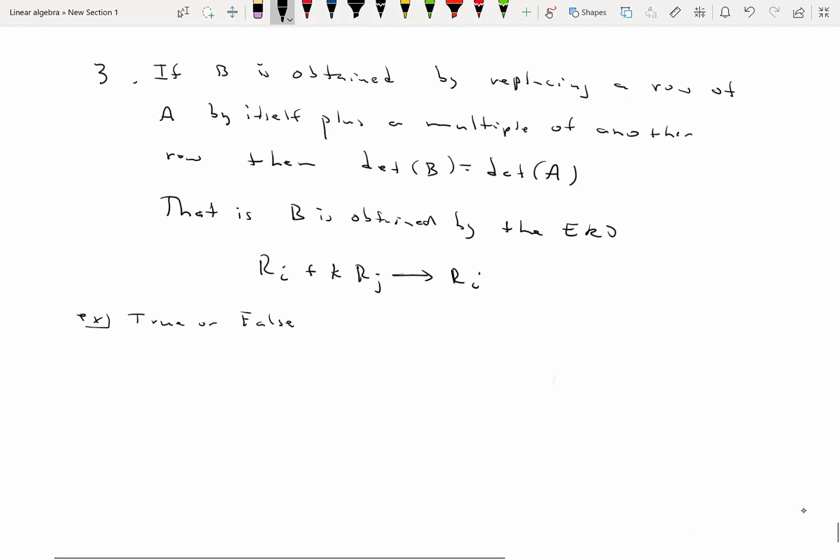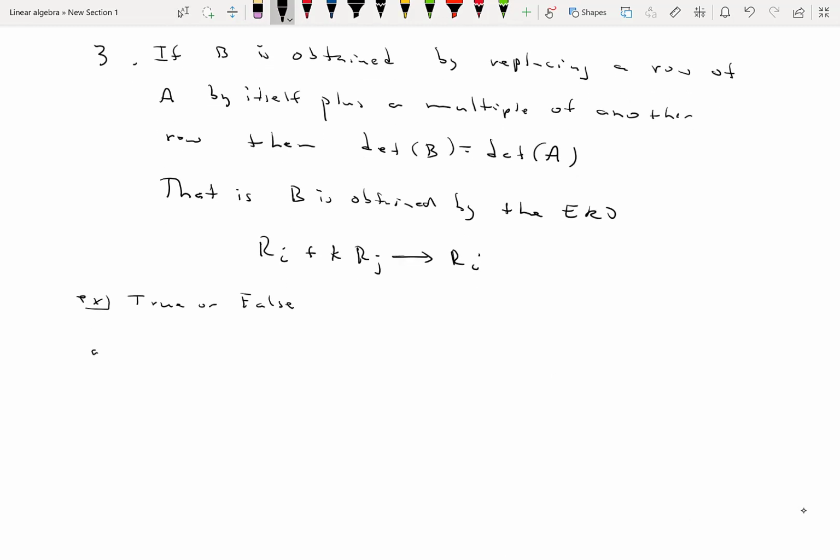So, for example, true or false. That's the first part. Let A be a 4 by 4 matrix.